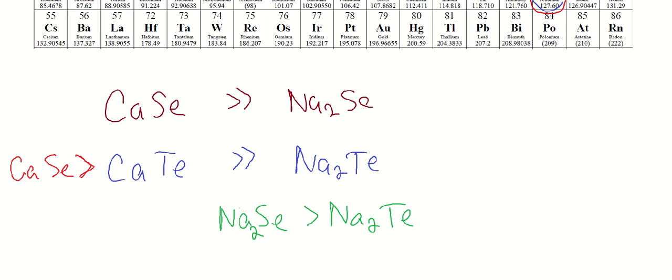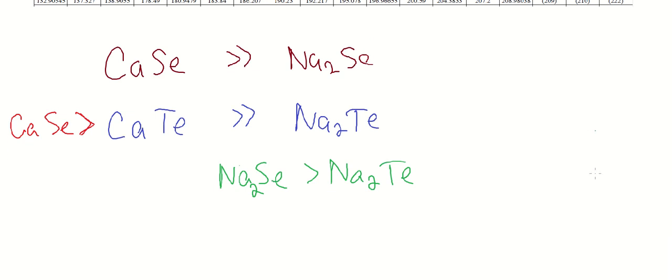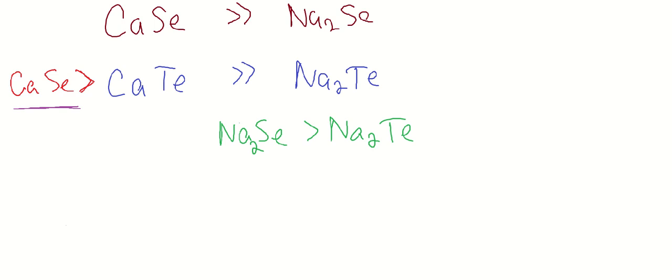Okay, let's see. How do we rearrange all of these now? We're going to rearrange everything we have on the screen. This guy's going to have the largest lattice energy. And then this one is going to be slightly less.